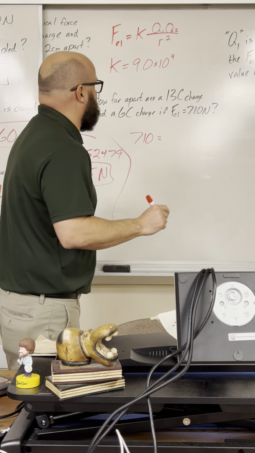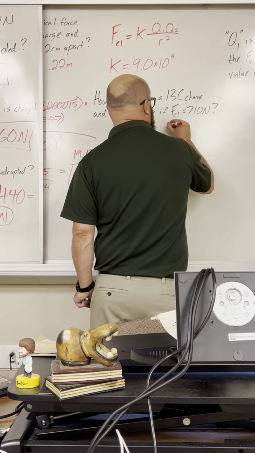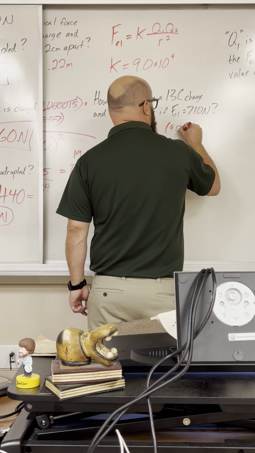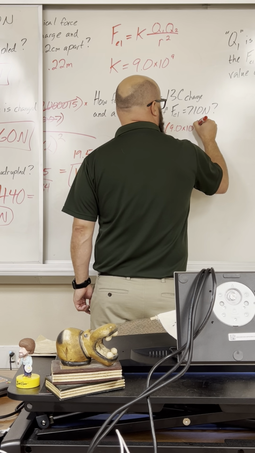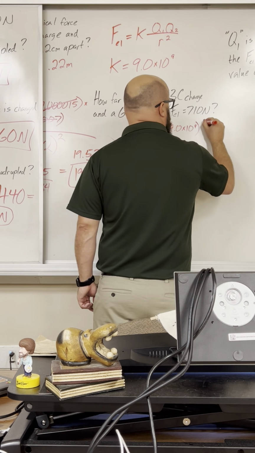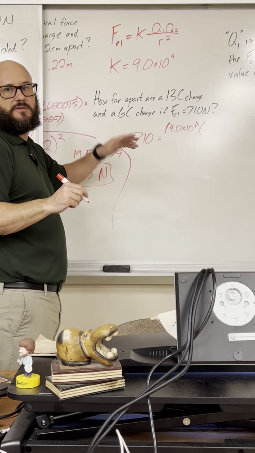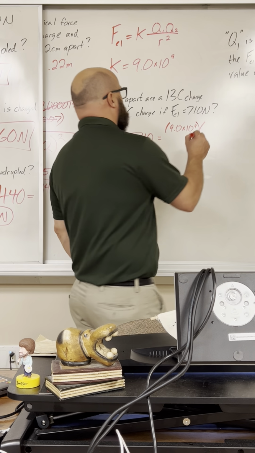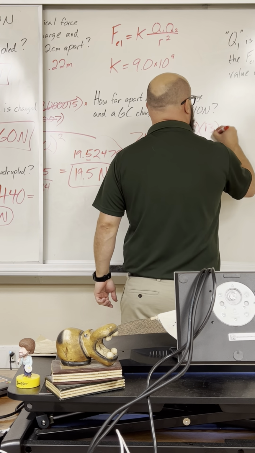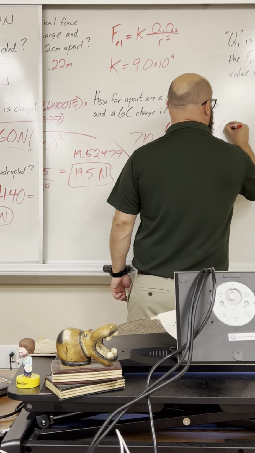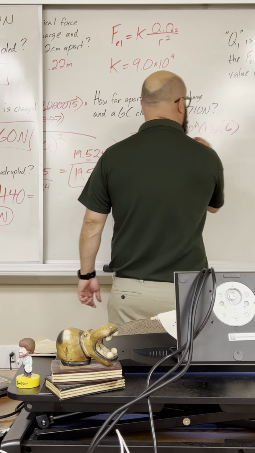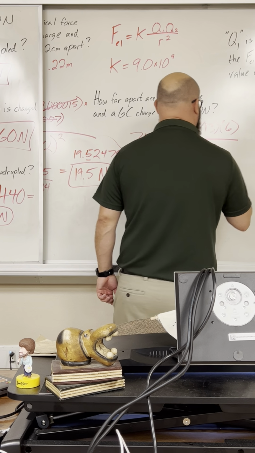That equals the constant of proportionality, 9.0 times 10 to the 9th, times Q1. Now these are both in coulombs, so we can keep that number. 13 times 6 divided by R squared.